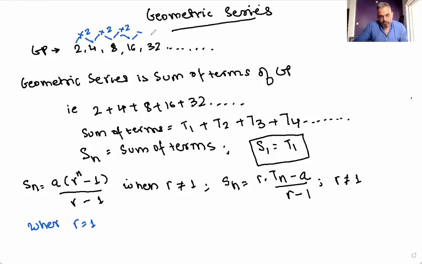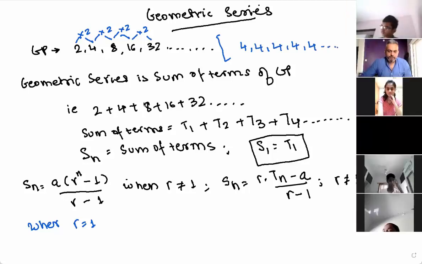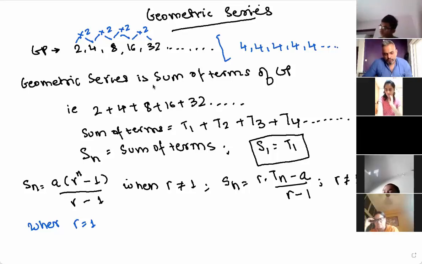Similarly, we can also say 4, 4, 4, 4, 4. Now, is this a geometric progression? 4, 4, 4, 4, 4, 4, 4, 4, 4.